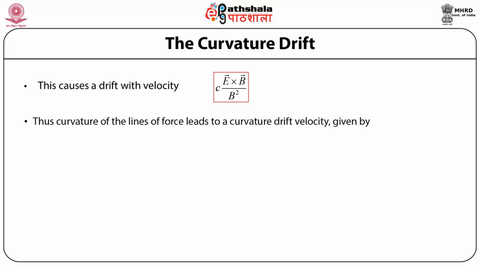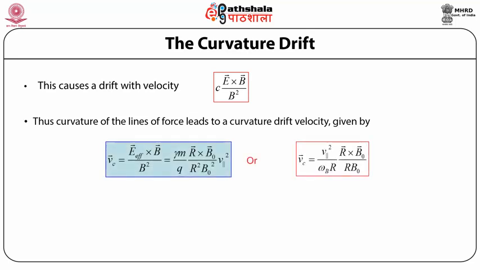Thus, the curvature of the lines of force leads to a curvature drift velocity Vc, which is given by Vc equals E effective cross B divided by B squared, equals gamma m by q, r cross B0 divided by r squared B0 squared, times V parallel squared.